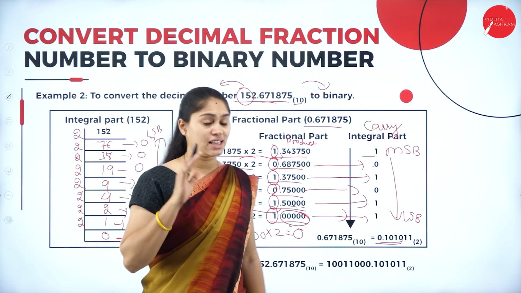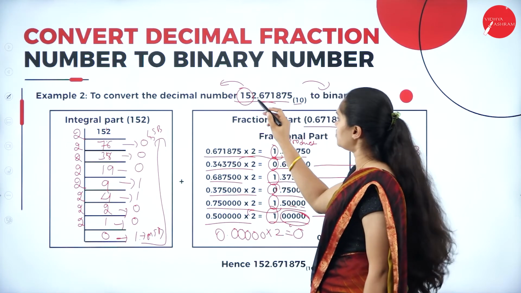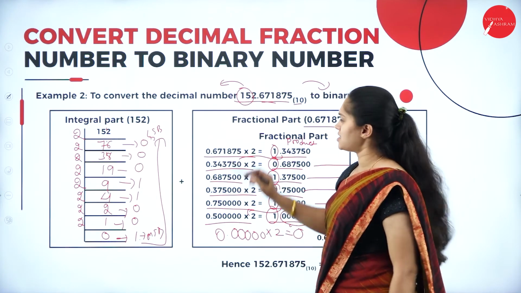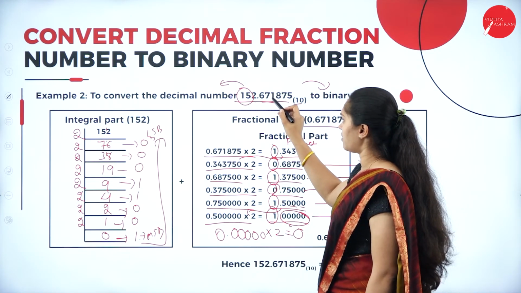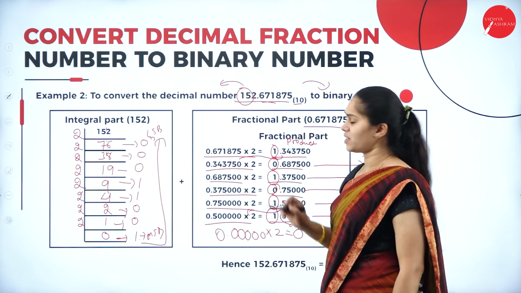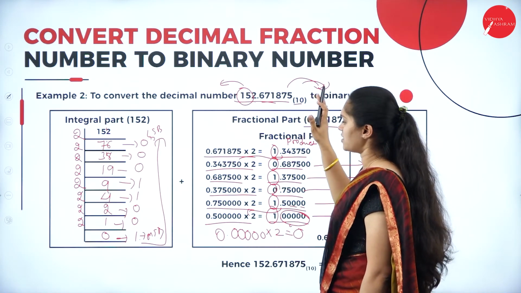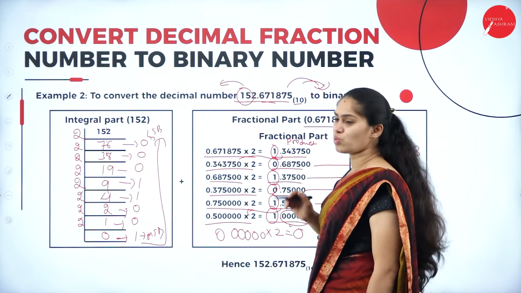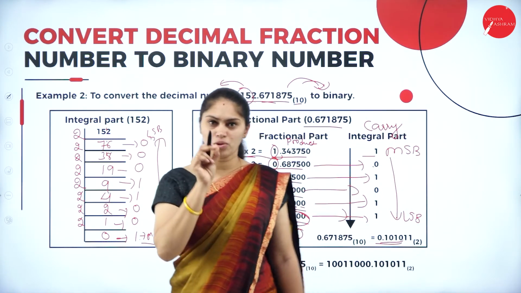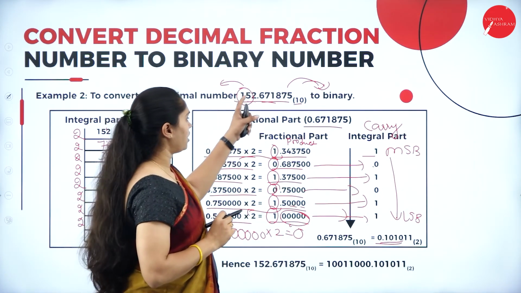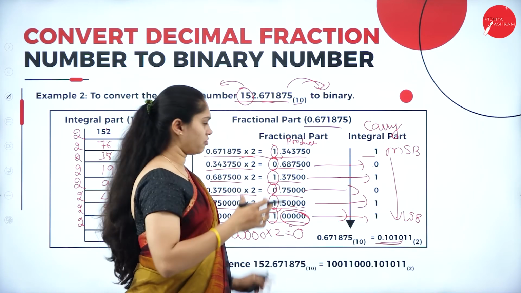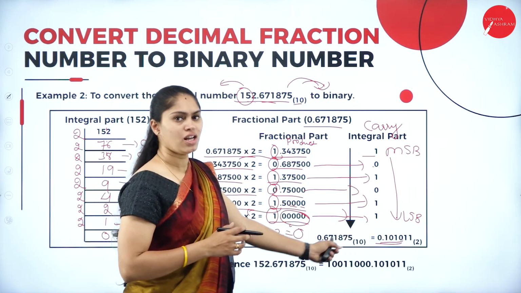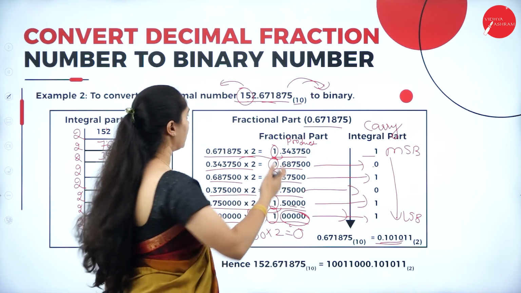Now in the question we have 152 point, the decimal point, 671875, which should be converted into binary. So I need to write the result of 152 first, then put a binary point. Then the result of the fractional part is written after the integral part.